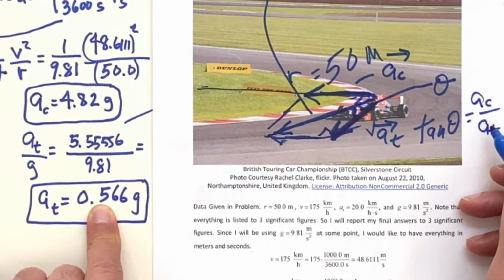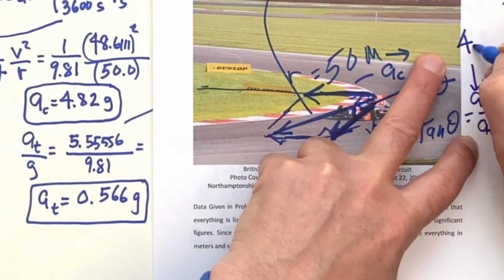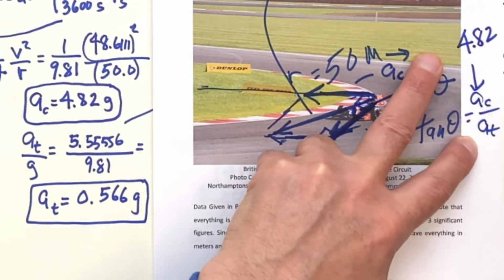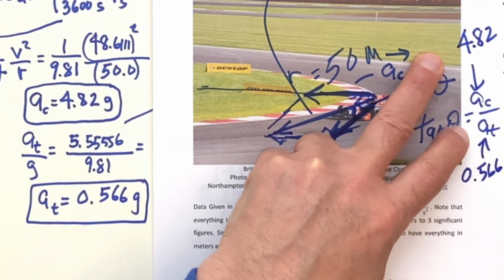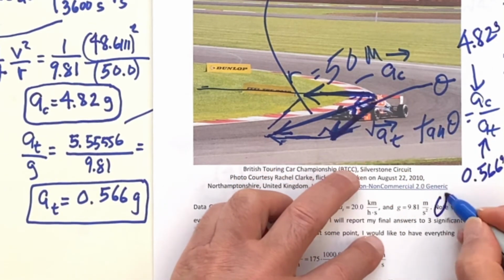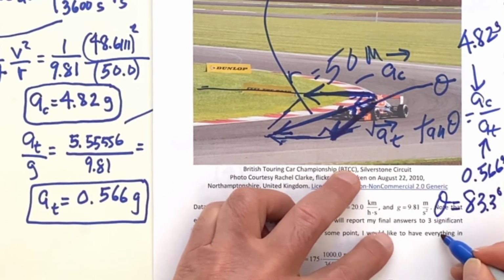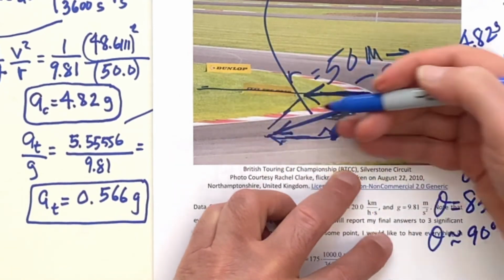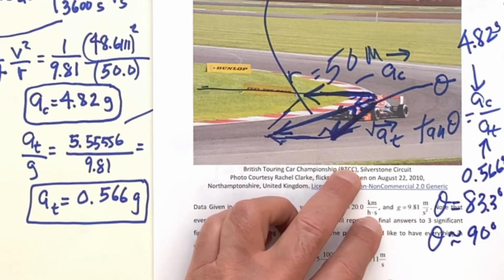When you put this in for AC, 4.82 (actually, I put in more significant figures and round off last in the text), and this 0.566 g, the g's cancel, and the angle comes out to be 83.3 degrees. So the angle is essentially 90 degrees. It's toward the center of the circle.